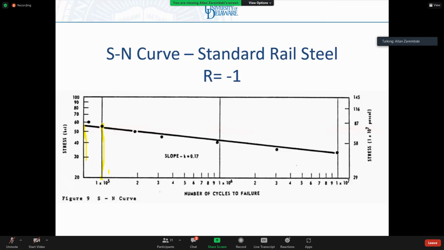Drop it down to about 600 megapascals, and you're looking at about 200 cycles to failure. Drop the stress down to about 550 megapascals, you're looking at about 300 cycles to failure. Drop it down to about 500 megapascals, you're looking at about 1 million cycles to failure. Drop it down here to about 400 megapascals, and you're looking at about 10 million cycles to failure.